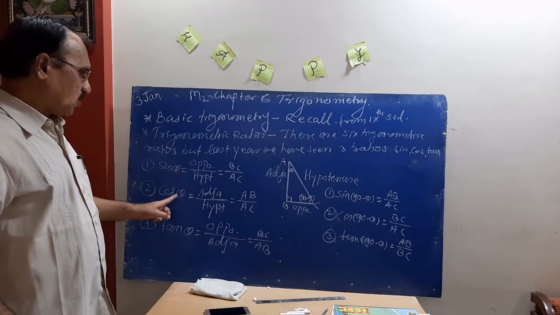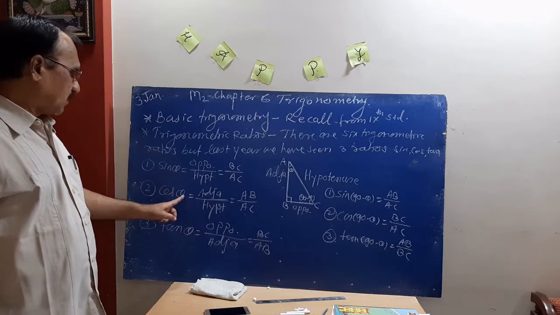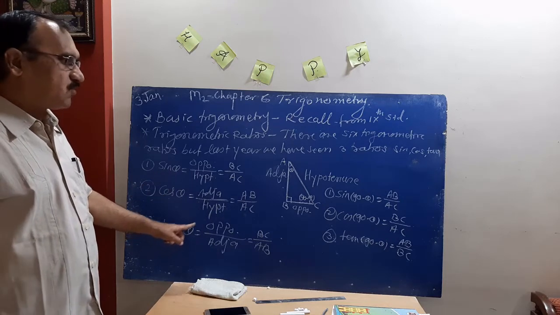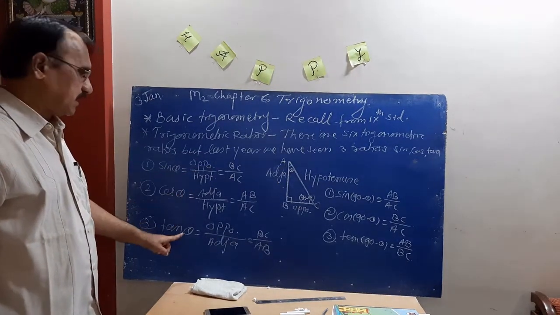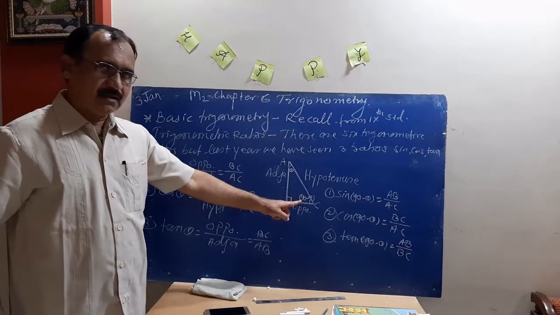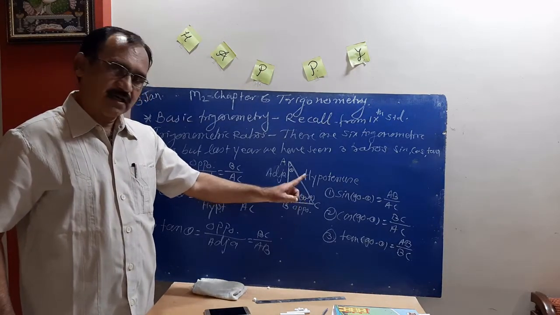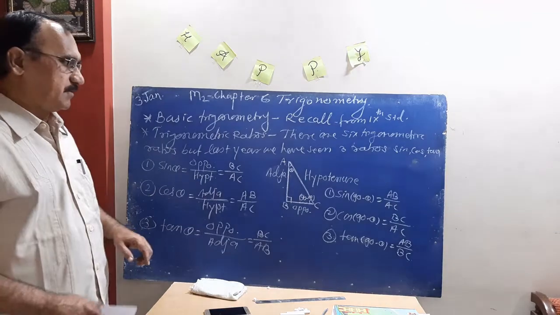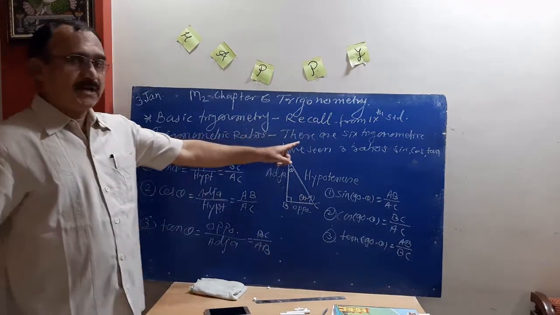Sin p, cos p, tan p, sin alpha, cos alpha, tan alpha. Here we consider theta, and therefore sin theta, cos theta, tan theta. Then we consider this angle, sin 90 minus theta, cos 90 minus theta, and tan 90 minus theta. Write down this, and then we are going to see the remaining three ratios.